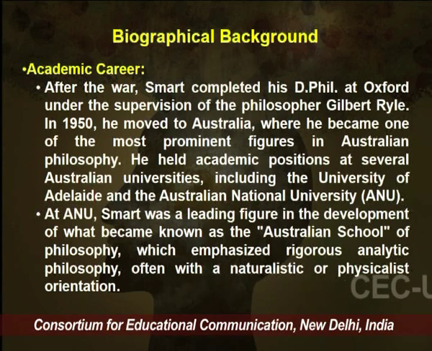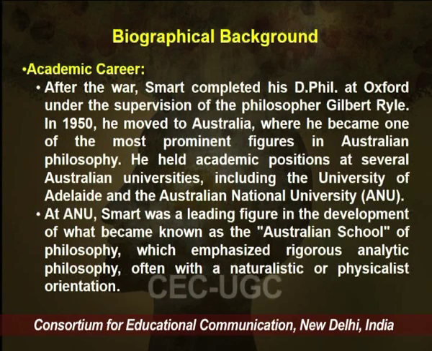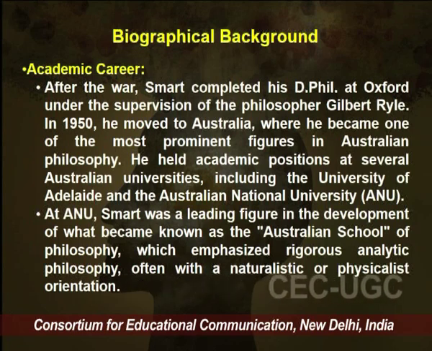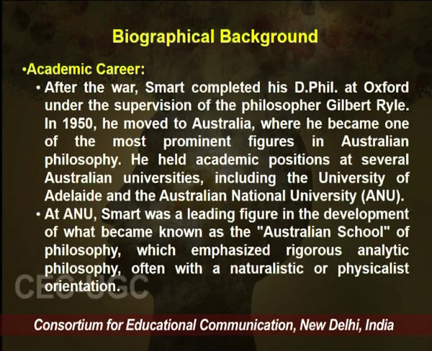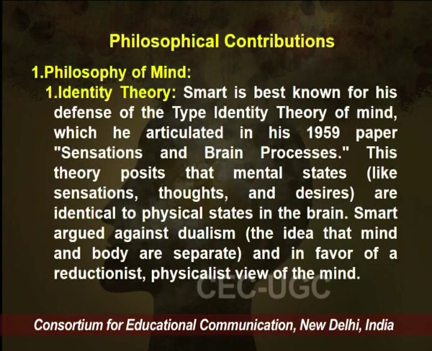At ANU, Smart was a leading figure in the development of what came to be known as the Australian School of Philosophy, which emphasized rigorous analytic philosophy, often with a naturalistic or physicalist orientation. The identity theory of J.J.C. Smart.